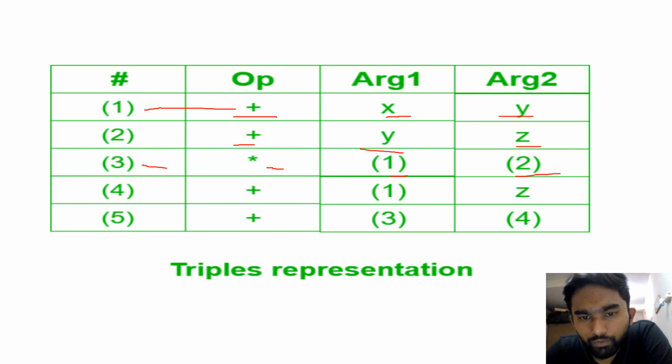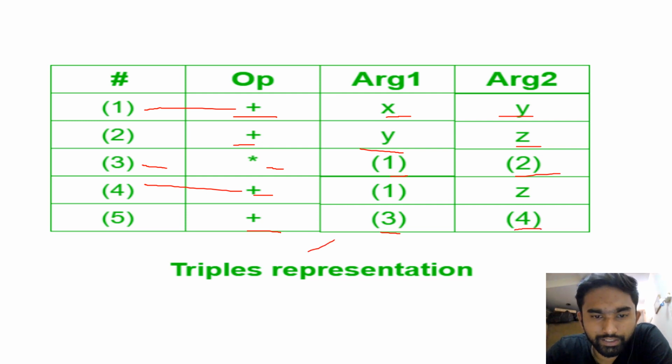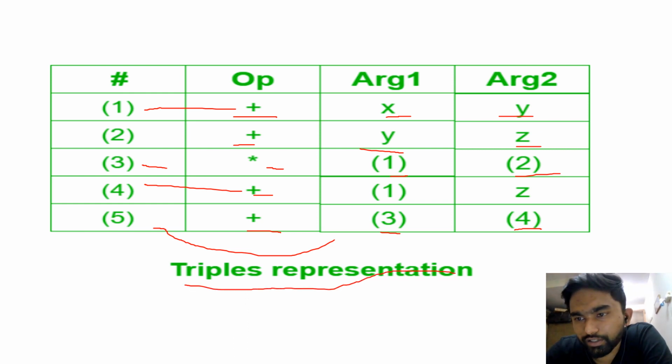Now whatever value points to pointer 1 plus z, and that value points to pointer 4. Now pointer 3 plus whatever value points to pointer 4, and that result points to pointer 5. So in this way we represent triple representation.